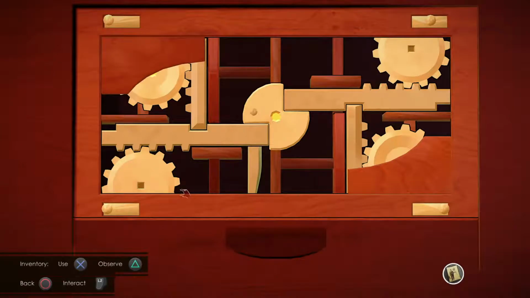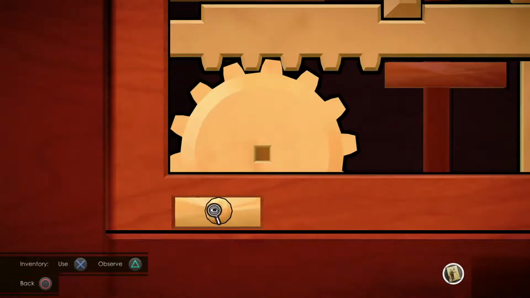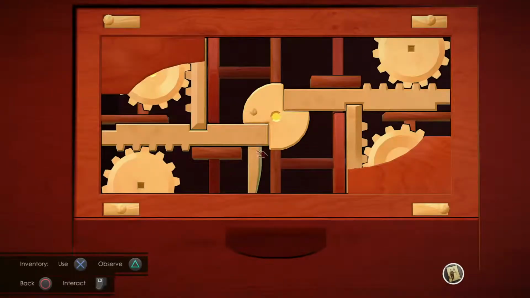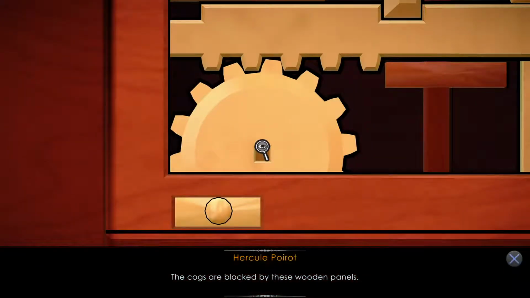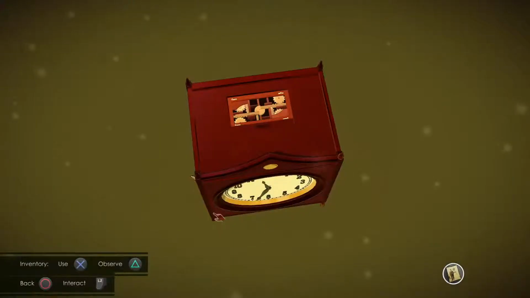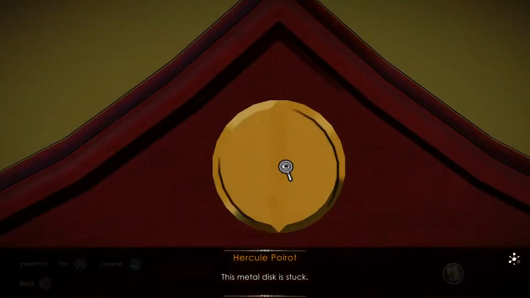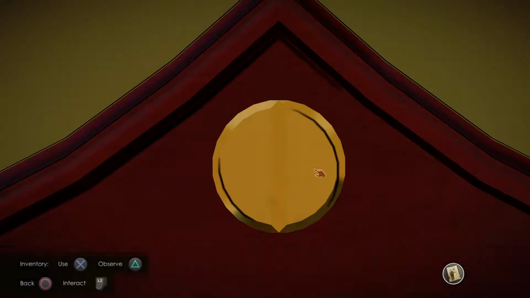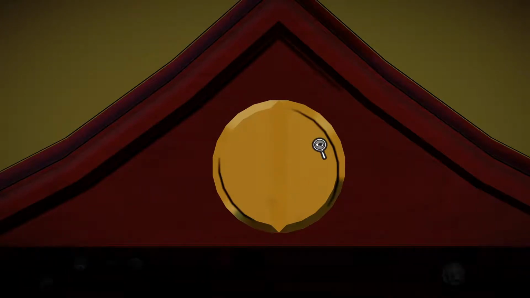Definitely missing something here. The cogs are blocked by these wooden panels. Okay, let's have a look. What else This is... metal disc is stuck. This metal disc is stuck. Yeah, okay, got it.